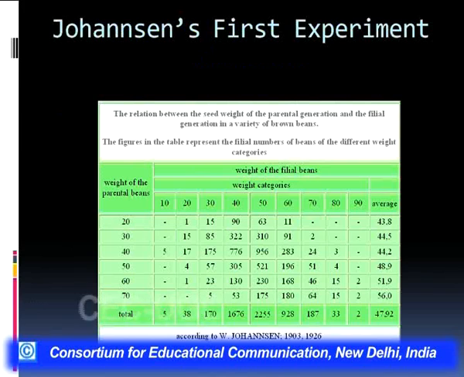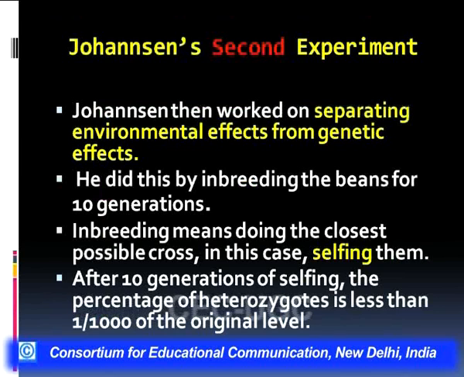He was surprised that when the weight of parental beans was smaller, their progeny in the next generation were also comparatively lightweight, and he saw an enormous variation in the weight. So, that means he said there is no point classifying the seeds merely as heavy or light. We have to quantify our results.